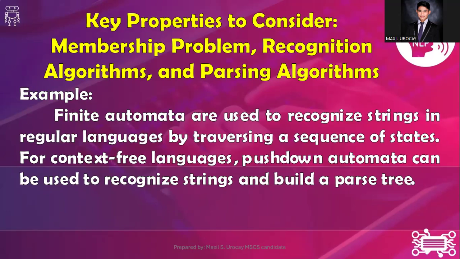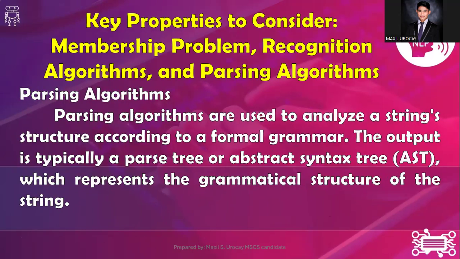Now, let's proceed with the parsing algorithm. Parsing algorithms are used to analyze string structures according to a formal grammar. The output is typically a parse tree or abstract syntax tree, which represents the grammatical structures of the string.